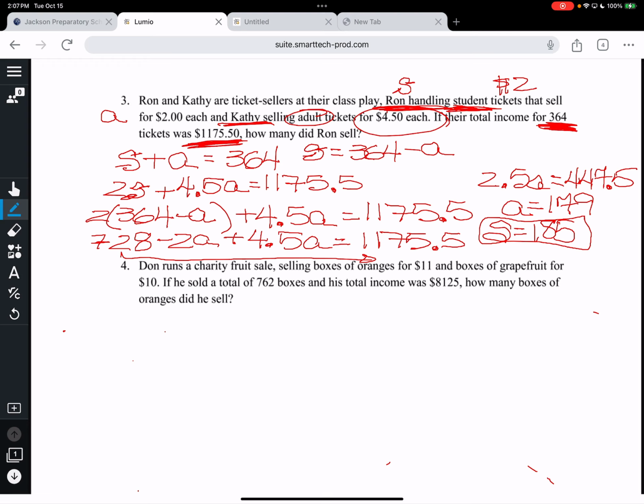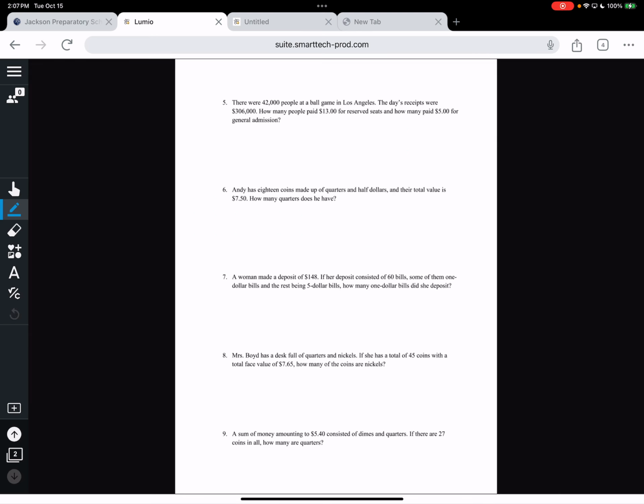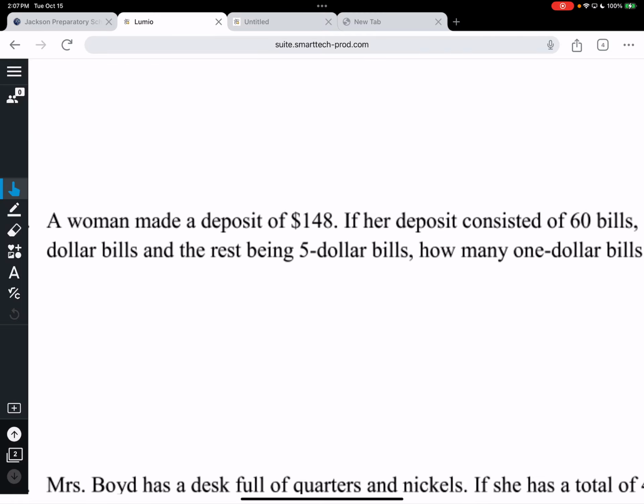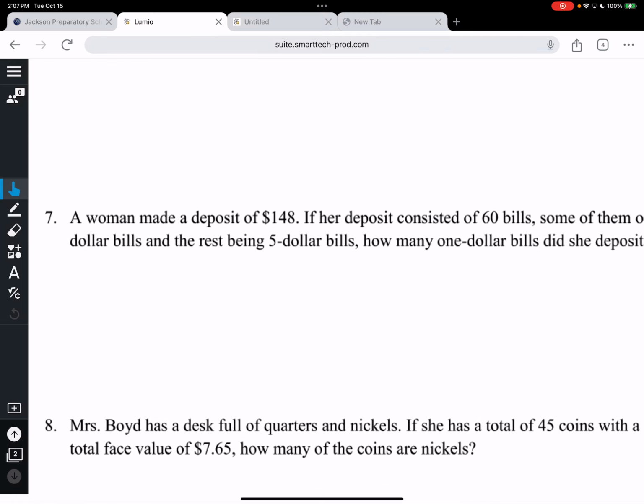What are your thoughts? All right, let's see. Number 7. A woman made a deposit of $148. What is a deposit? You put money in the bank.